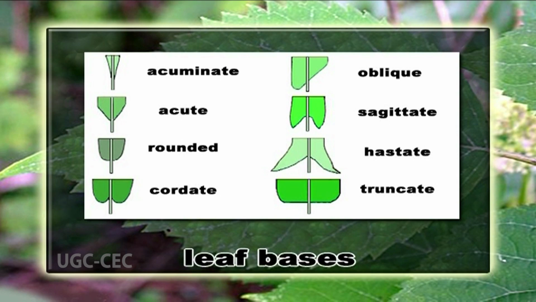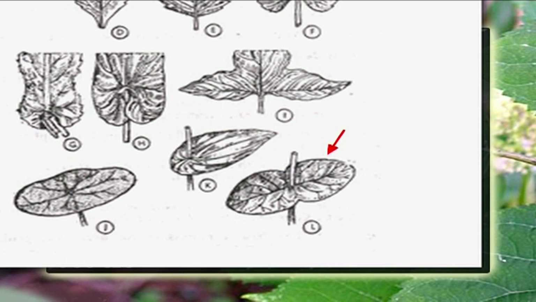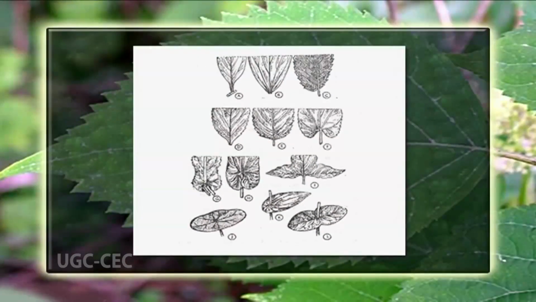Truncate, leaf base or apex is perpendicular to leaf petiole and relatively straight across. For example, Emmer maple, that's Acer tataricum, subspecies ginnala. Connate perfoliate, two opposite sessile leaves with their bases fused. For example, Canscora diffusa or Lonicera flava, etc.